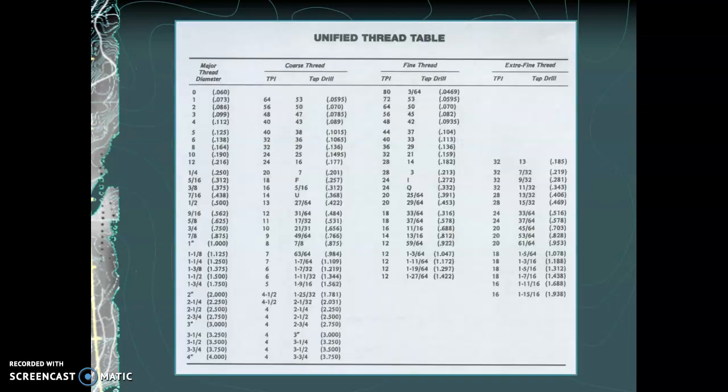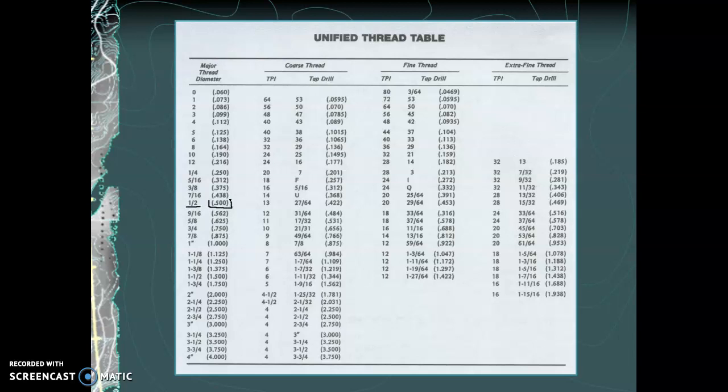Here we can see a chart showing us the Unified thread series. The first column of information tells us the major thread diameter and its decimal equivalent. As I was mentioning before, oftentimes you'll see the size of a hole in just a fraction or decimal, like a half inch.